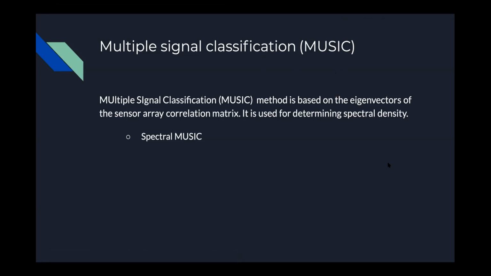This has many different types. One of them is spectral MUSIC. In this, first we take the autocorrelation of the sensor data, and from that we get a 2D array. From that 2D array, we can calculate eigenvalues and their respective eigenvectors. So we take the p greatest eigenvalues and their corresponding eigenvectors, and from that we can separate this array into two parts.